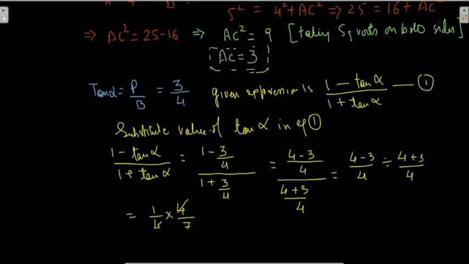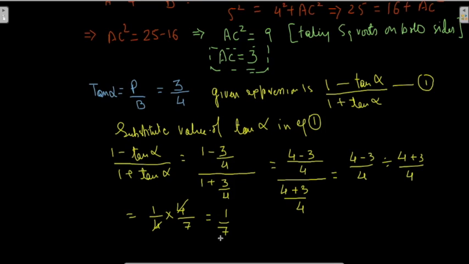So 4 cancels with 4, and the answer is 1 over 7. So the value of the expression which was asked in the question is 1 by 7. So there was no trick here. It was a pretty straightforward question. But as I said, it was a little different from what we have attempted earlier.